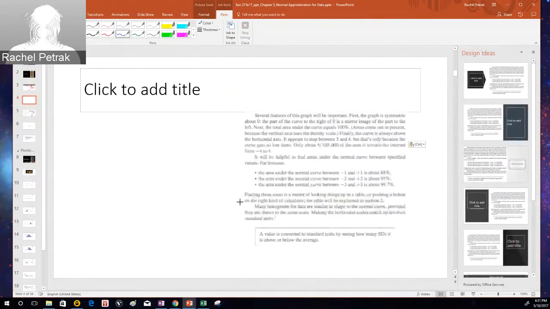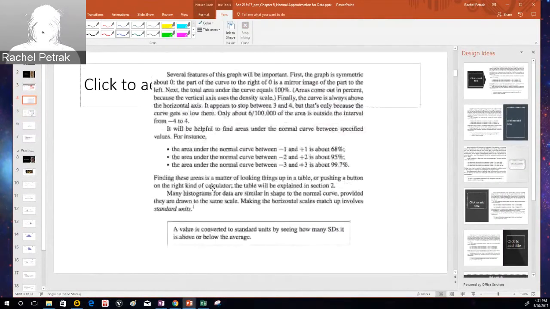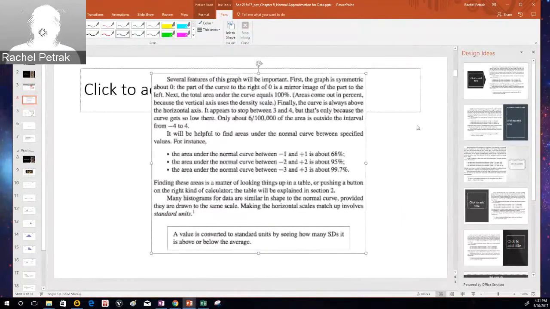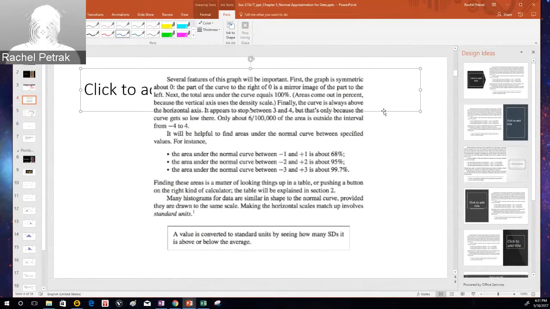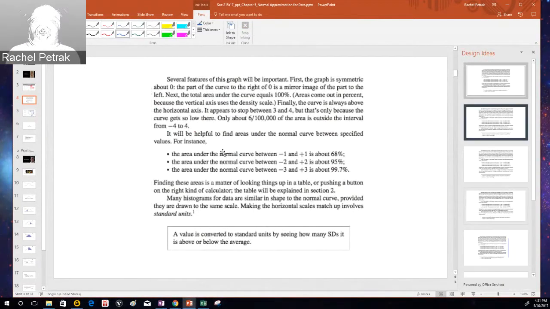So usually I leave these pieces like a small embedded figure in the PowerPoint, and then if you use these slides to review, you can see that I highlighted this information as especially important.